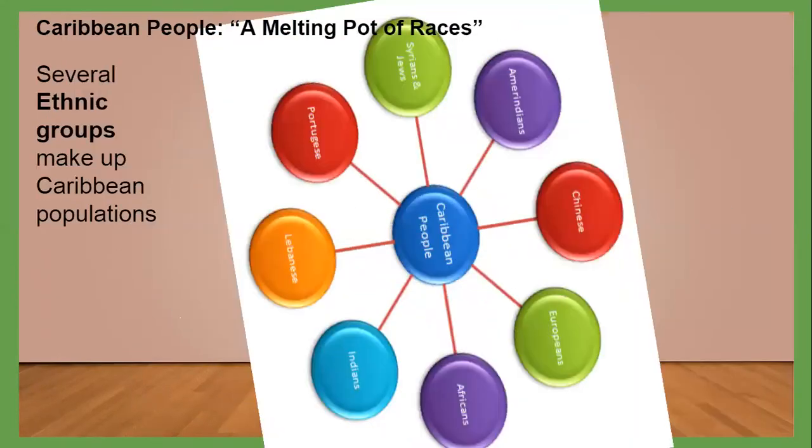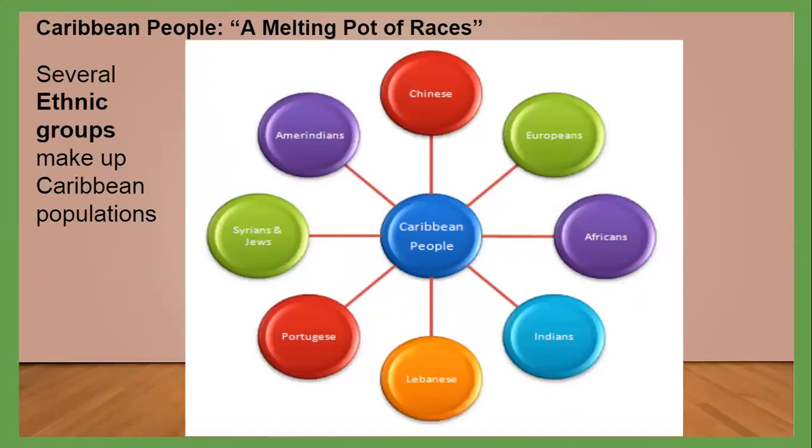When we talk about Caribbean people, they have been defined as a melting pot of races. And that's because several ethnic groups make up Caribbean populations. Throughout our history, we have had a number of different groups that have been transported into the region or have migrated into the region, and they have come to settle, and a process of accommodation and assimilation has taken place.